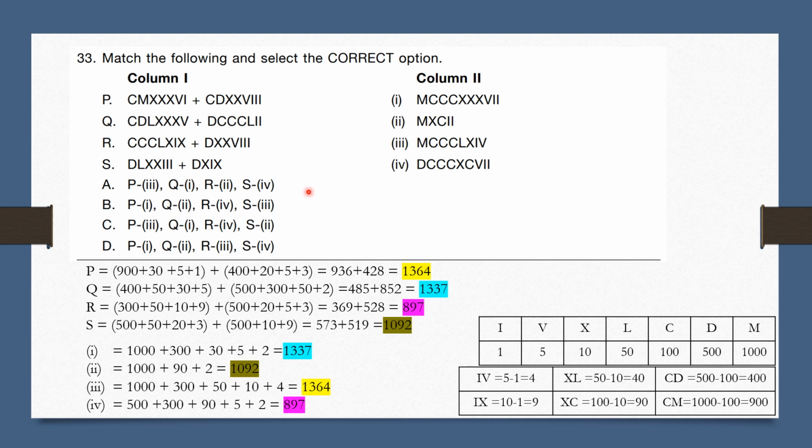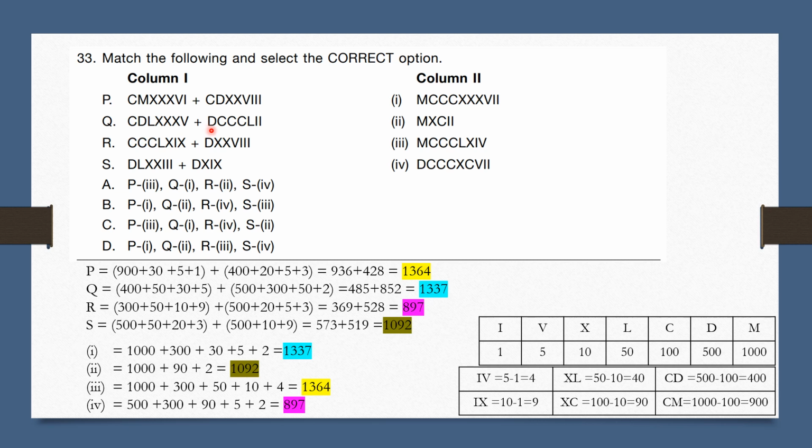Again CD is 400. Then we have the value of L, which is 50. Then we have triple X, 30. Then we have V, 5. So 400 plus 50 plus 30 plus 5, which is 485. Let's see the value of this term.